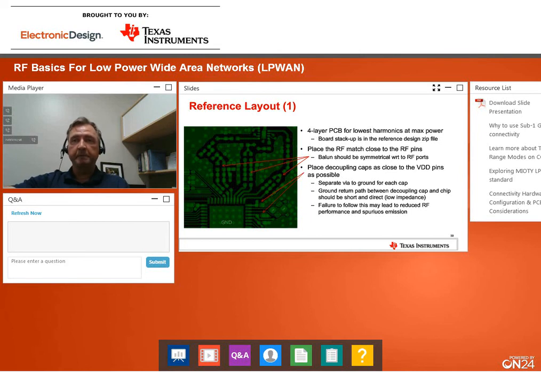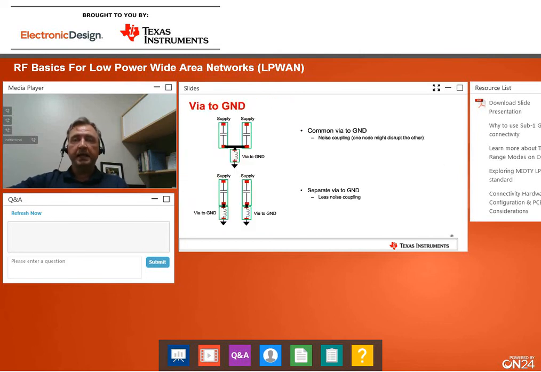What we also see is a lot of people doing some kind of ground idea where they say, well, this decoupling capacitor and this decoupling capacitor, we can just merge them on the top surface and then connect them to a via to ground. But a via to ground is an inductor, and then you are effectively creating a path between two supplies.